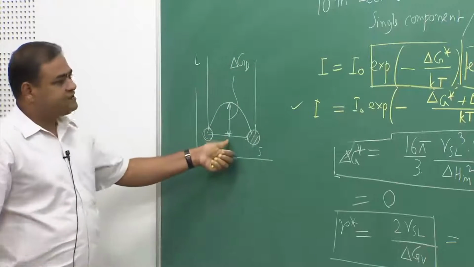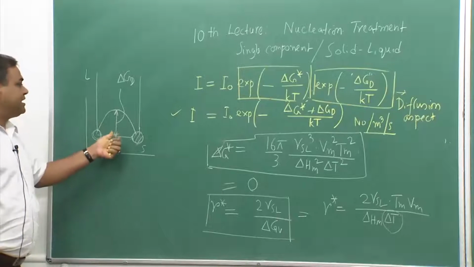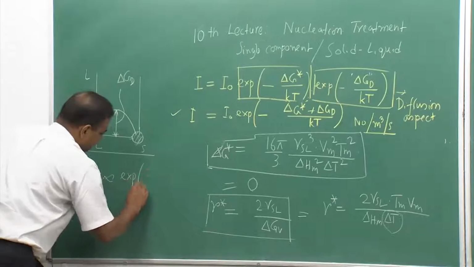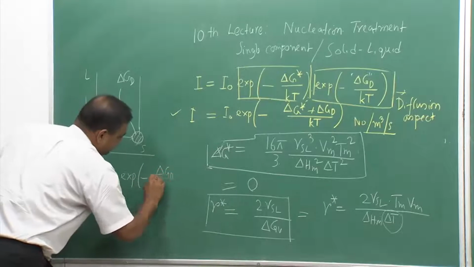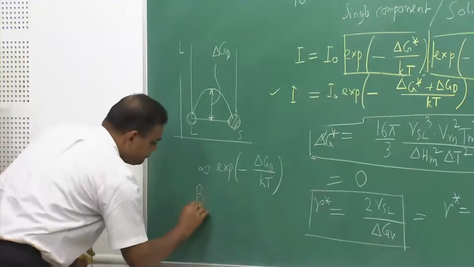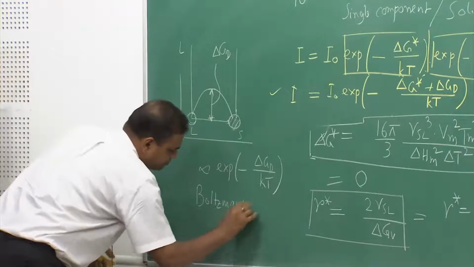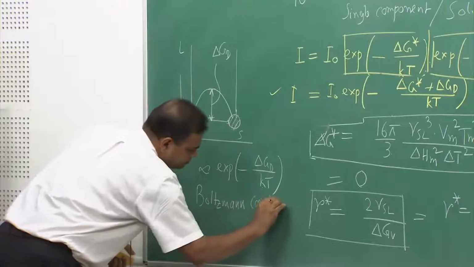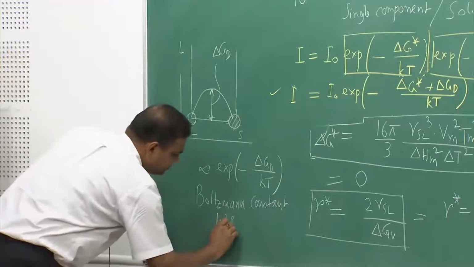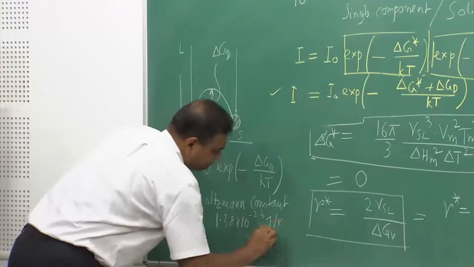So, again this is also talking of some jump, and that time the rate is proportional to exponential minus delta G d by k T, and this k is the Boltzmann constant. Its value is 1.38 into 10 to the power minus 23 joule per Kelvin.